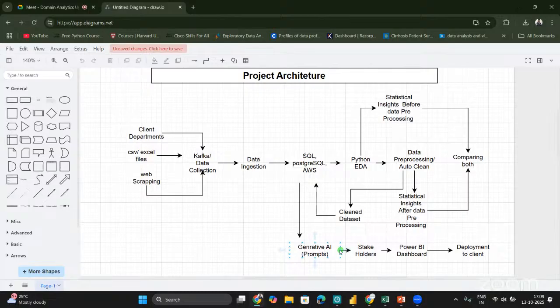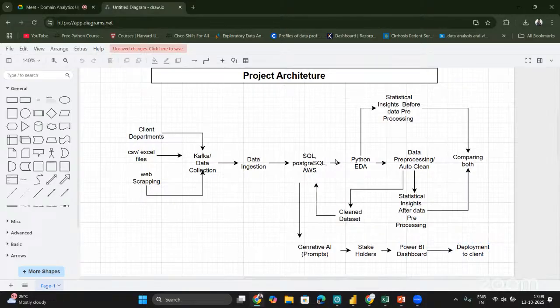Each and every department has different KPIs and KRAs. According to their responsibilities and requirements, we have to make a Power BI dashboard, and after creating that dashboard, we have to deploy it to the user client, right?